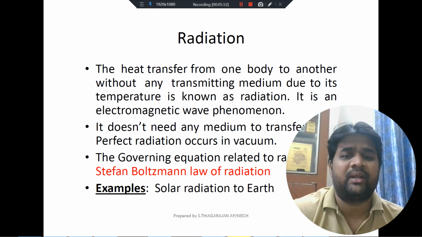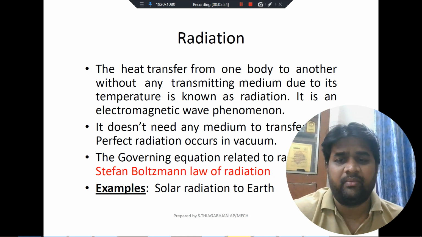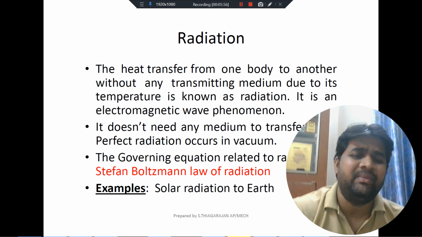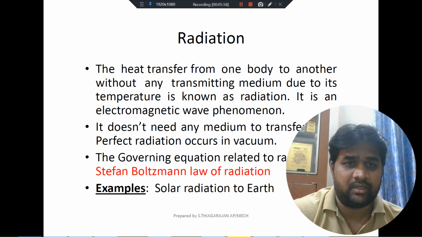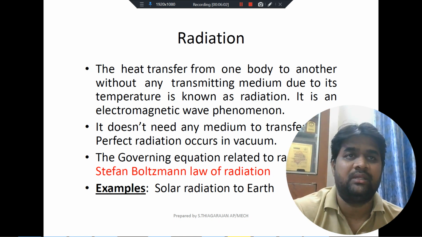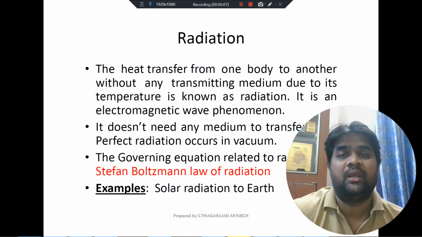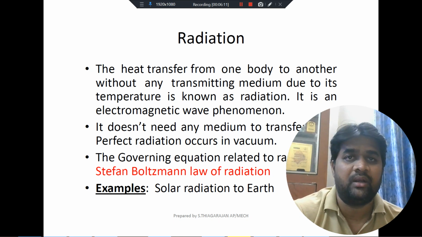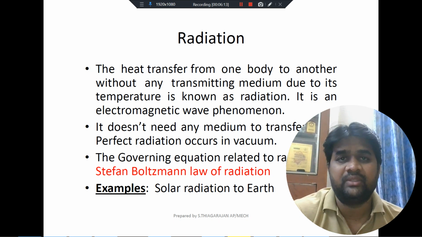It is an electromagnetic wave phenomenon. It doesn't require any medium to transfer the energy. Usually, it is very effective in vacuum, so that the heat exchange between the sun and the earth takes place in 500 seconds, which is 8 minutes and 20 seconds.